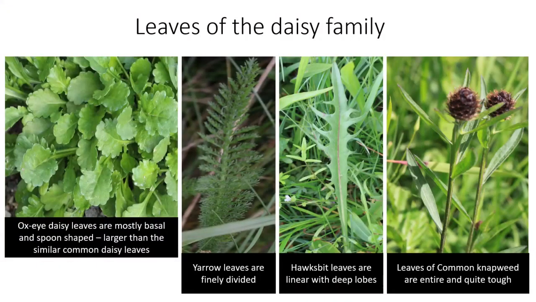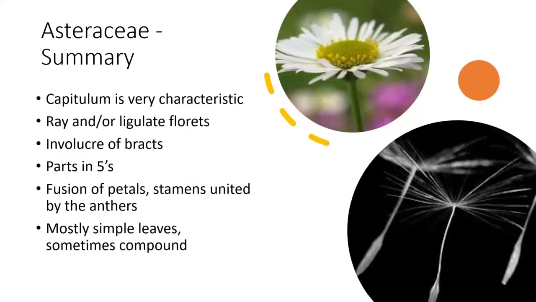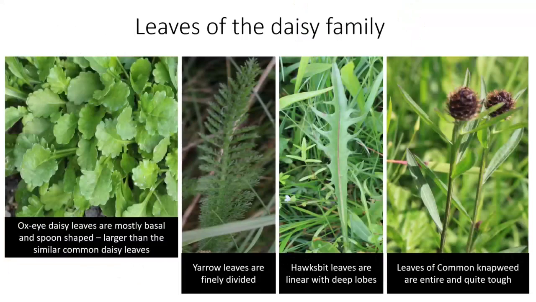So here are some examples of leaves of the daisy family. On the left hand side here I have the kind of spoon-shaped leaves of the oxeye daisy. Very similar in fact to the common daisy, but they're just a bit larger. Then we've got the very finely divided leaves of yarrow. It's quite unmistakable actually once you get your eye in for it.